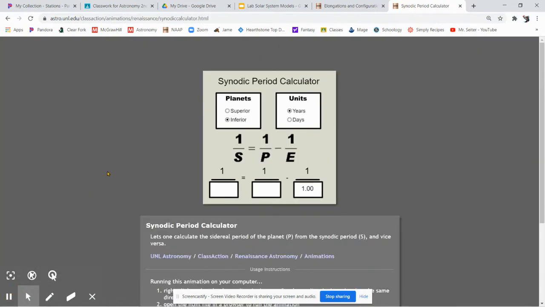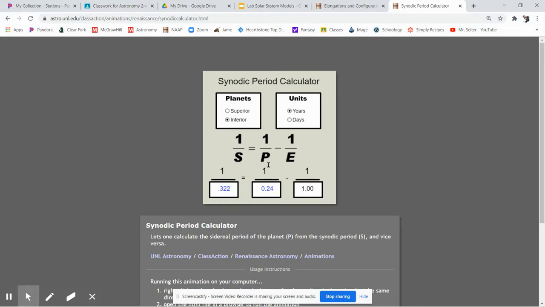All right, now I found one that works, and again, it looks like it's the same thing, but this looks like the original one we had. So let's just use this one. Again, I think it was the third one down, but we're an inferior planet and it's 0.322 years.